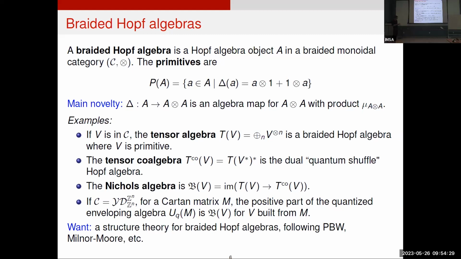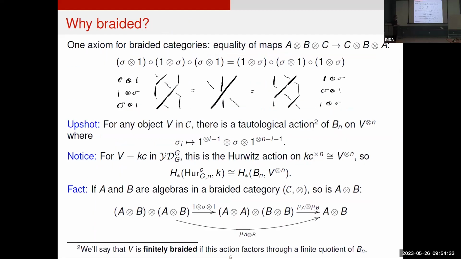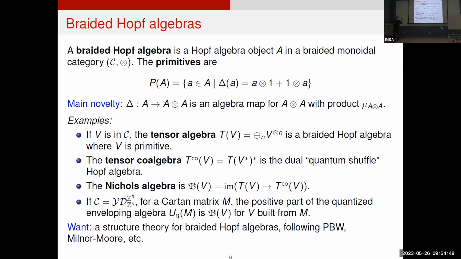But the thing is that A tensor A is made into an algebra using this product. In particular, it uses the braiding on my category to move A past A. So classically, the multiplication is like A tensor B times A prime tensor B prime is AA prime tensor BB prime.